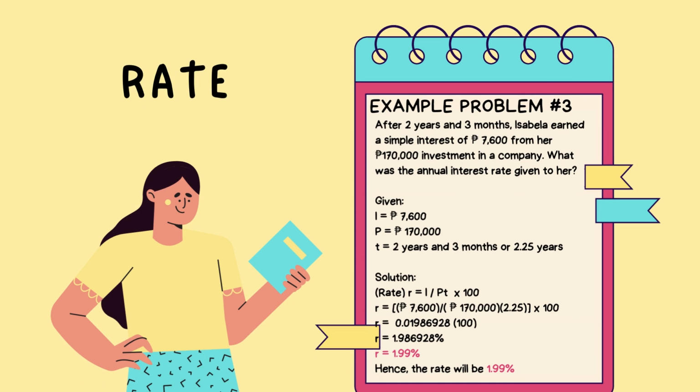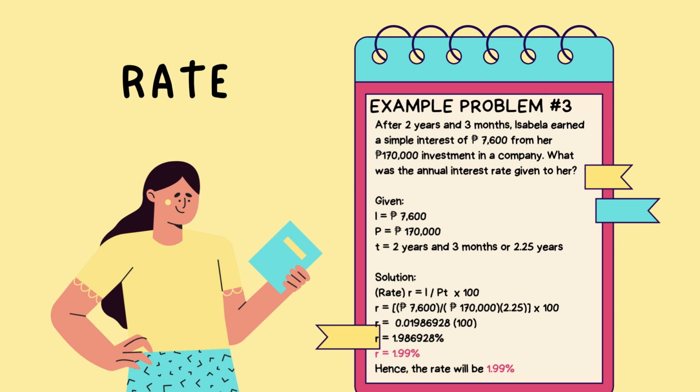Example problem number 3. After 2 years and 3 months, Isabella earned a simple interest of 7,600 pesos from her 170,000 pesos investment in a company. What was the annual interest rate given to her? Given that the simple interest is 7,600 pesos, the principal amount is 170,000 pesos, and the time is 2 years and 3 months, which is convertible to 2.25 years.